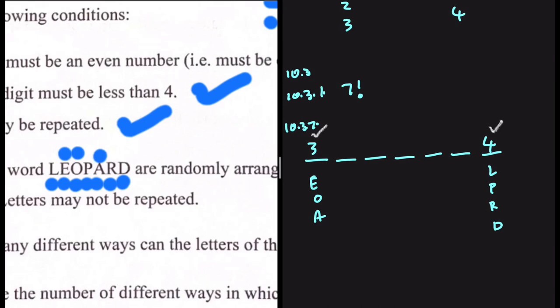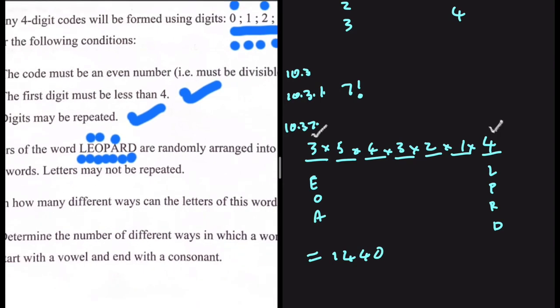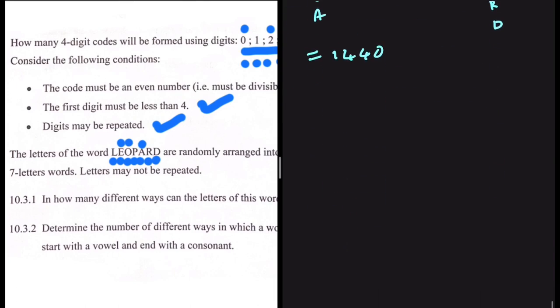We are left with 5. So we're going to have multiplied by 5. Now we are left with 4, 3, 2, and then 1. This all equals 1,440.